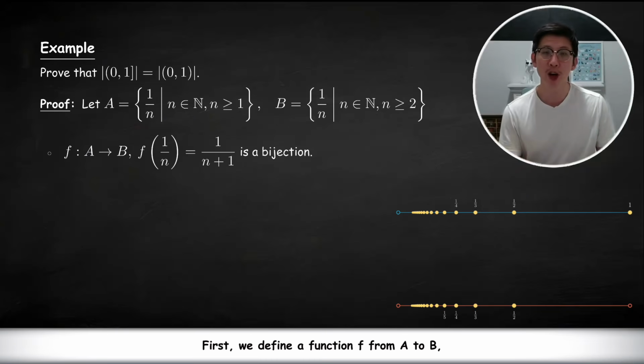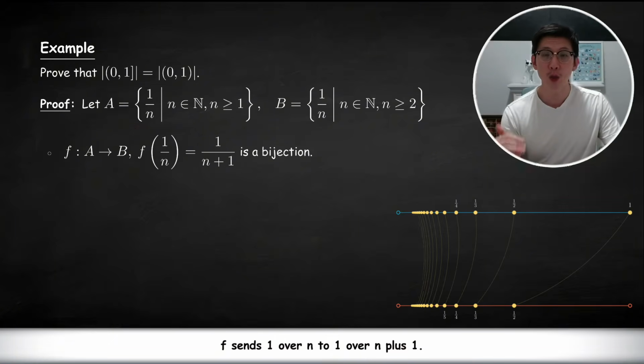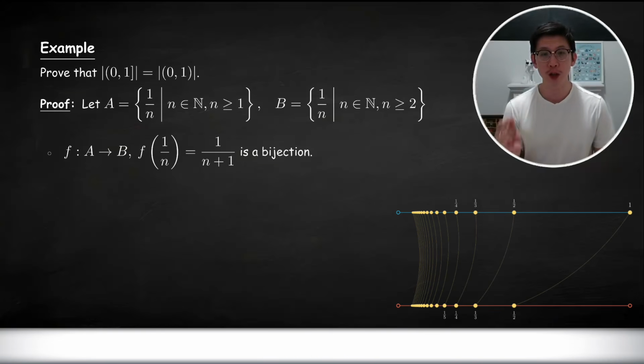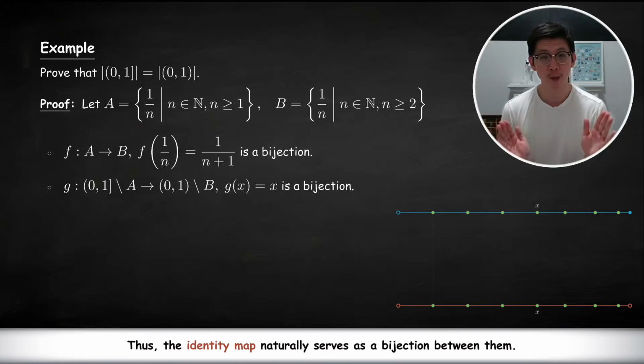First, we define a function f from A to B, such that for each positive natural number n, f sends 1/n to 1/(n+1). Clearly, the function f defined here has a very similar flavor to the shift function we have introduced in our discussion of the Hilbert hotel, and is naturally a bijection. Now, their complements in these 2 intervals respectively are identical. Thus, the identity map g naturally serves as a bijection between them.